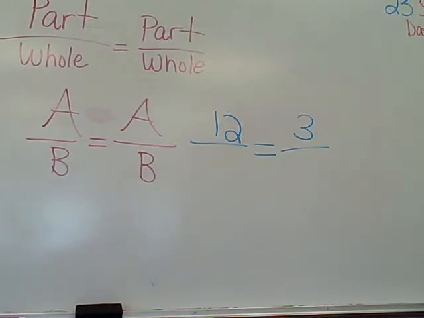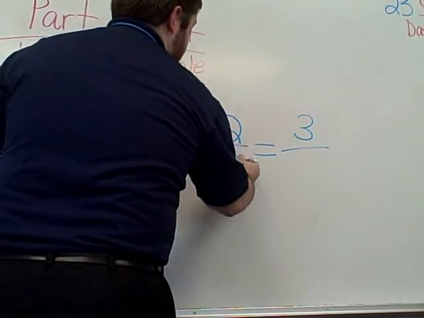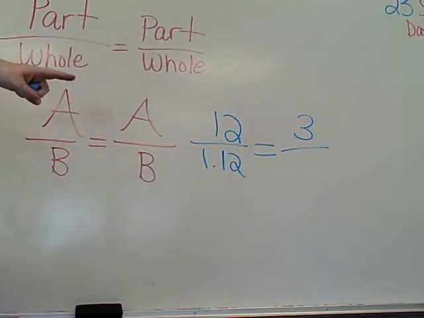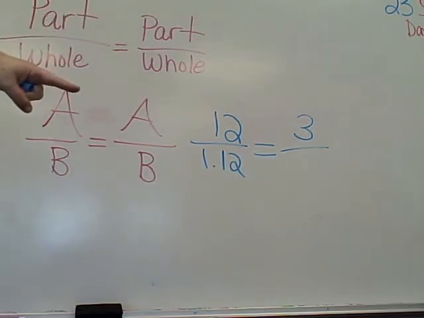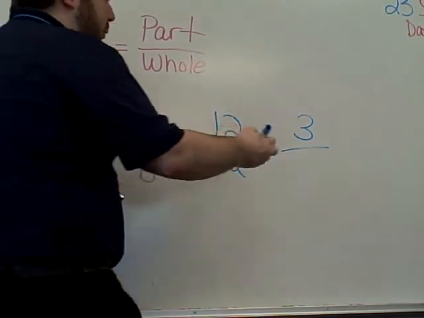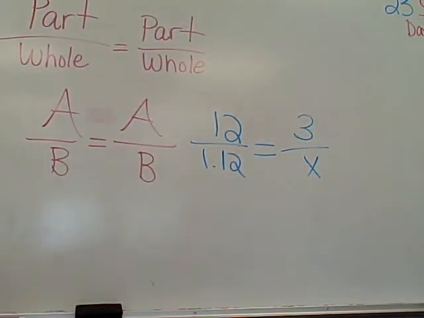It tells you right now. A dozen eggs cost how much money? $1.12. What's going to be on the other denominator? It's got to be money. What's going to be over there, Michael Vondren? X. Why am I going to put X on here? Because variable. Because you don't know how much money 3 eggs are.